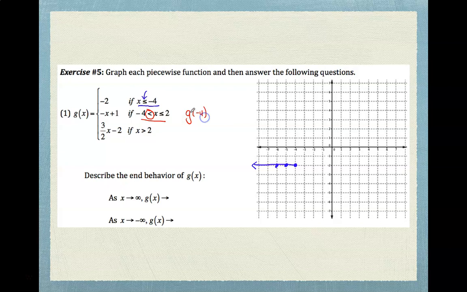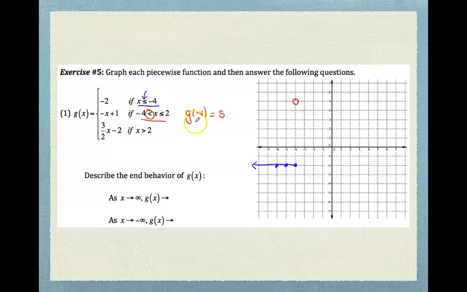And if I plug -4 into this spot right here, I get -4 plus 1, which ends up being 5. Okay, so if this were an equal sign, then at -4, this function would equal 5. It's not an equal sign. So the way we indicate that is we say there's an open circle here at 5.